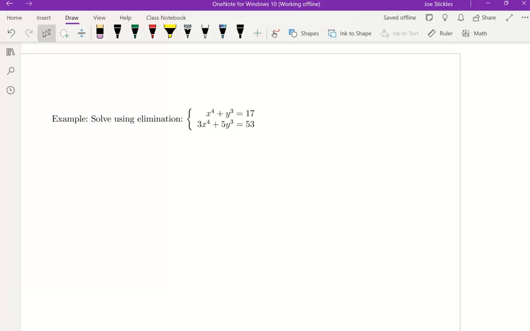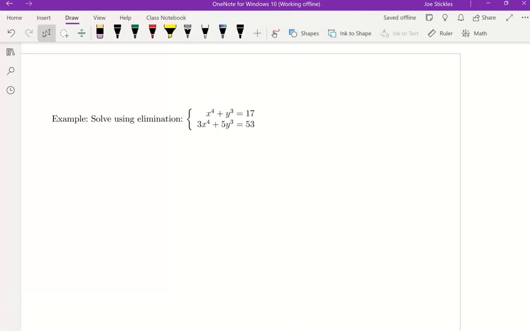We've got x to the fourth plus y cubed equals 17, and we've got 3x to the fourth plus 5y cubed equals 53. We'll need to multiply one of the equations by something in order to eliminate. Which variable do you want to eliminate, the x or the y? You want to eliminate the x? Okay. It literally doesn't matter which one you choose, just pick one.